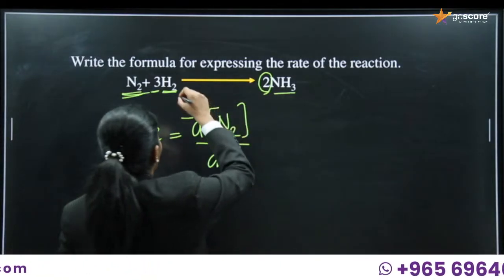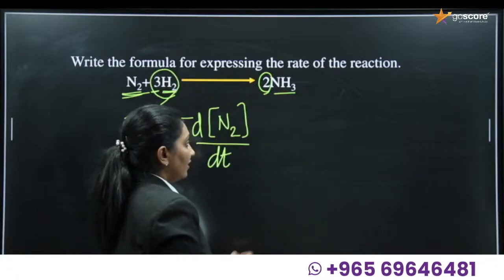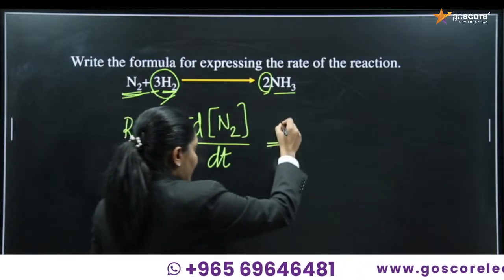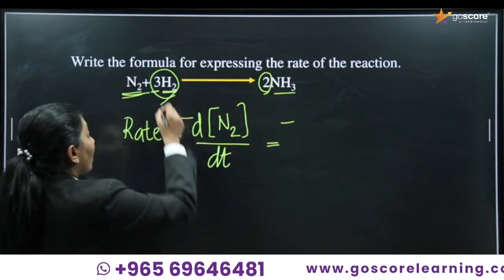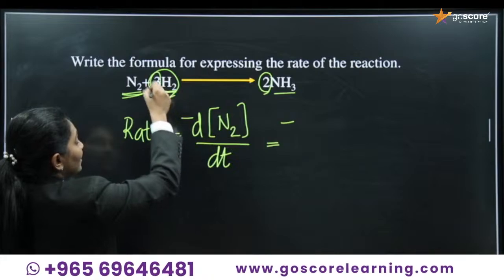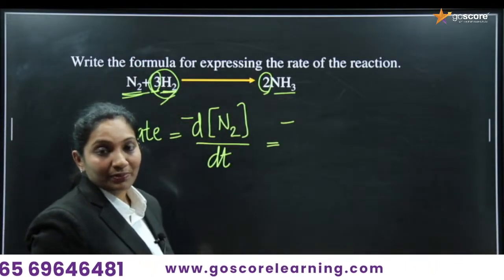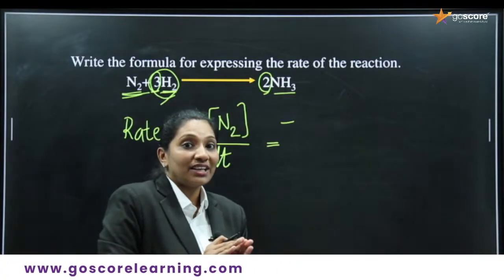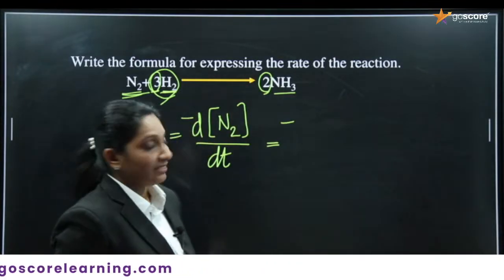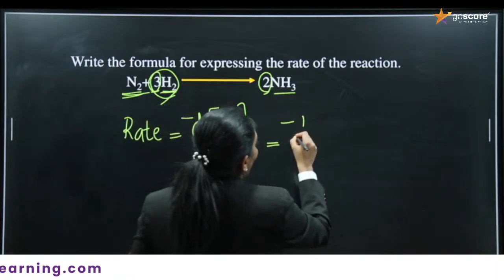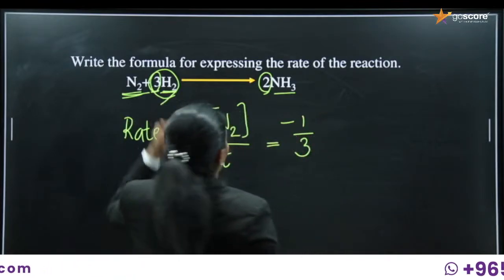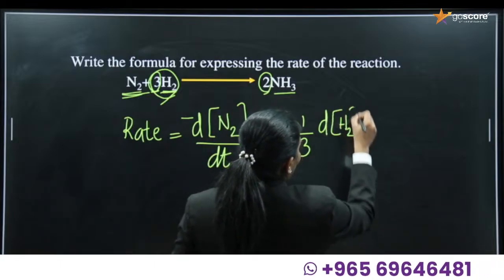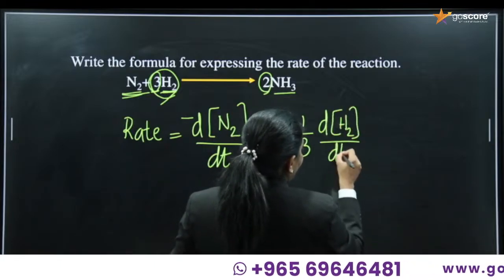Then look at the rate of reaction in terms of hydrogen. Hydrogen is also a reactant, so we have to put a negative sign there. But for hydrogen, there is a stoichiometric coefficient. So as I told, we have to take the reciprocal of that. Then it will be minus 1 by 3 d[H2] by dt.